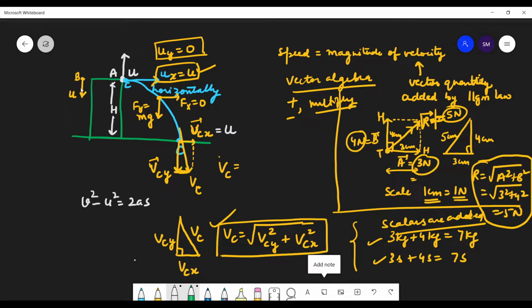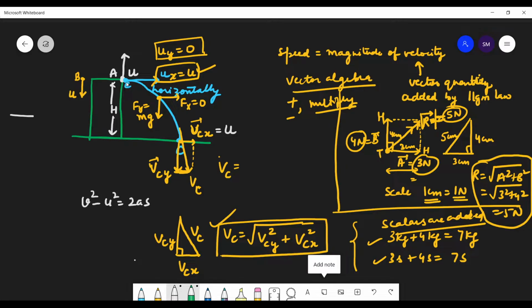Now students, here we have to take the sign conventions. So which sign conventions are we taking? You can even take different sign conventions for A, B, C. You can take the same conventions for all three of them also. So that's your choice.